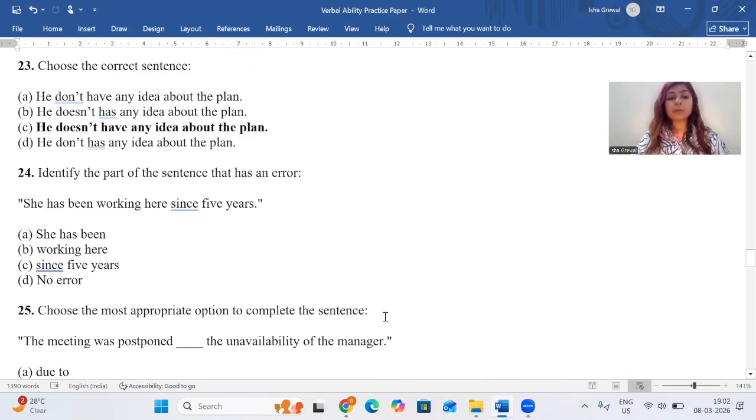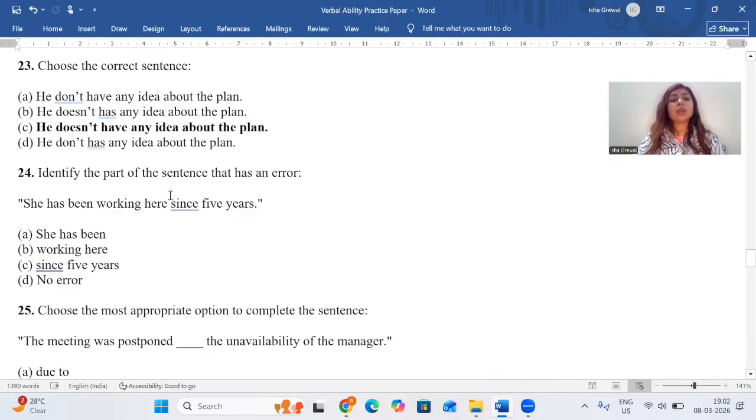Okay, question number 24. Identify the part of the sentence that has an error. "She has been working here since 5 years." Now, the difference between since and for: for talks about duration, 5 years, 10 years. Since talks about a specific point in time, since 1 o'clock, since 1983, since Monday.